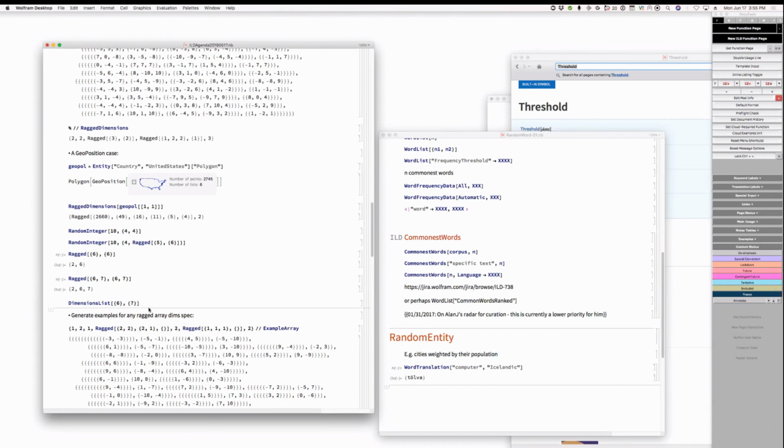No, I understand that, but by saying dimensions list, we're giving the idea that these are themselves dimensions. Yeah. Although dimensions list could be something that returns something, but I think it could also be, of course, the thing that we are.